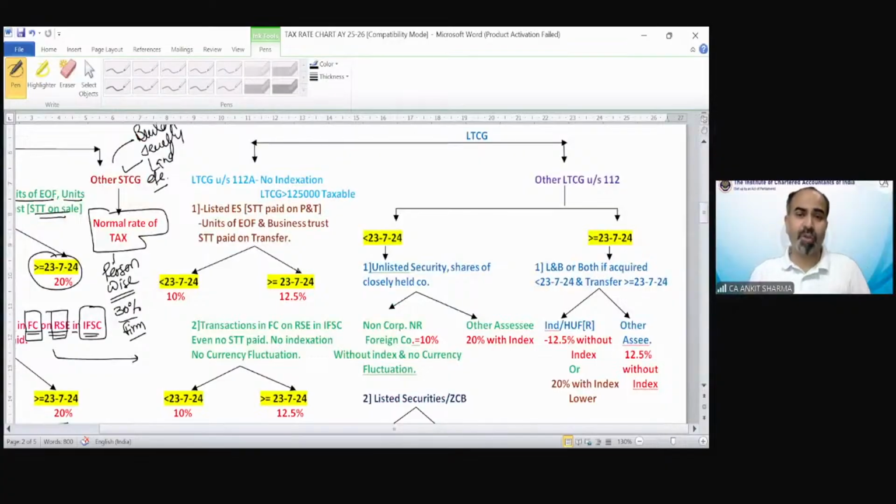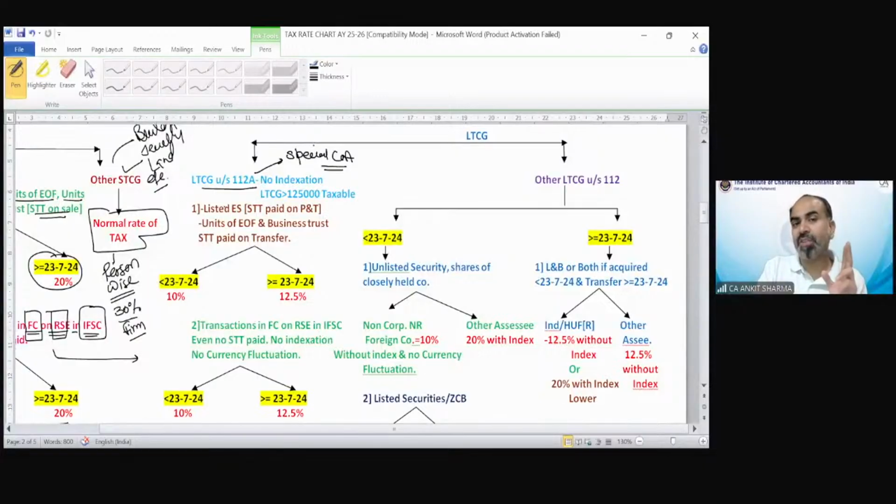In case of long-term capital gain, it would be a long-term capital gain under section 112A. Remember that section 112A has a special cost of acquisition provision: market value or sale consideration, whichever is lower, then we compare it with the actual cost of acquisition, whichever is higher.